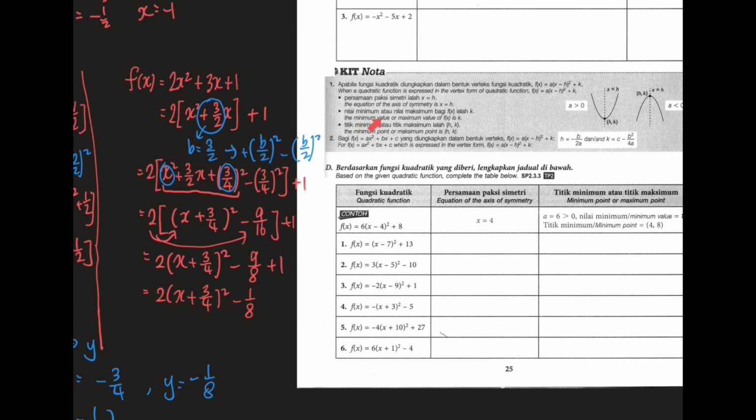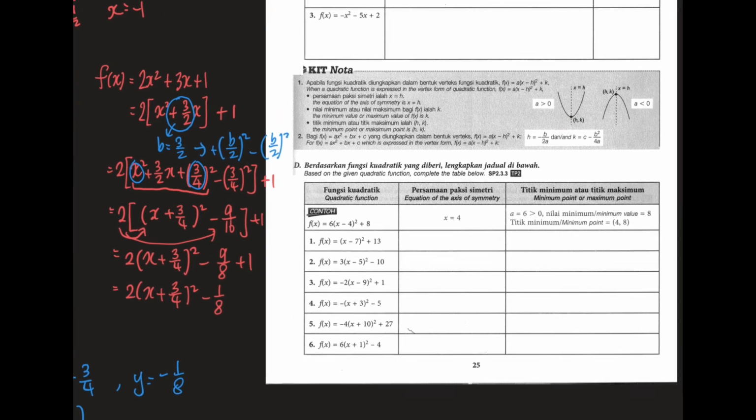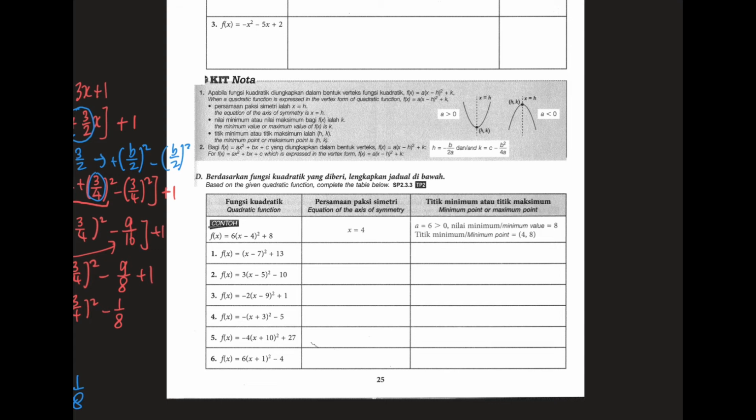The minimum value or maximum value of f(x) is k. Is k. K means the y coordinate. So if it's this case, a greater than 0, so this k is known as minimum value. If for the second case, where a is less than 0, end up with the graph is a sad face graph, then the k is a maximum value.